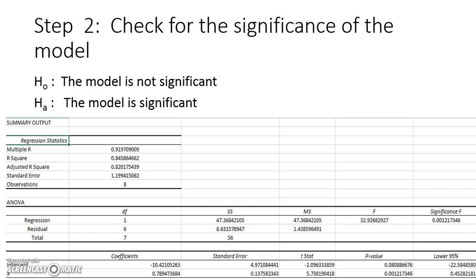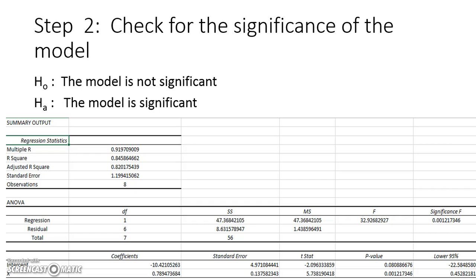Now, in this case I got the summary output when we ran a regression over y and x of the above problem, and we got the value of b as 0.789, whereas the value of a as minus 10.42.